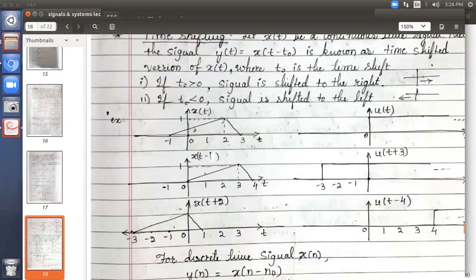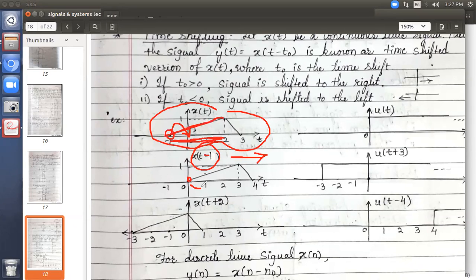Similarly, coming to this problem, x of t minus 1. T minus 1 means you have to shift the signal, as the negative sign is there, to the right side by 1 amount. See, what is this? It is minus 1. So shift it to the right side by 1 amount means it should start at 0. If you count, how many units are there? 1, 2, 3. 3 units. The length of this slope is 3.